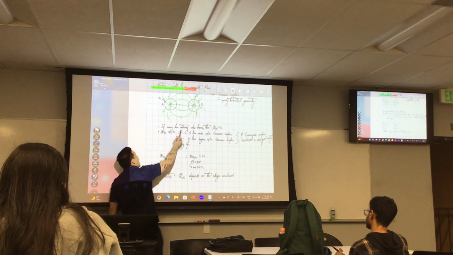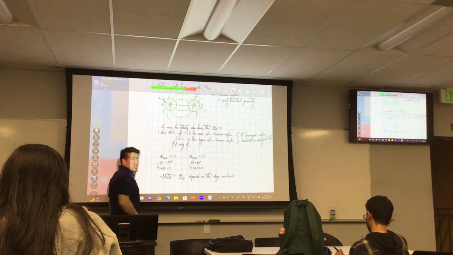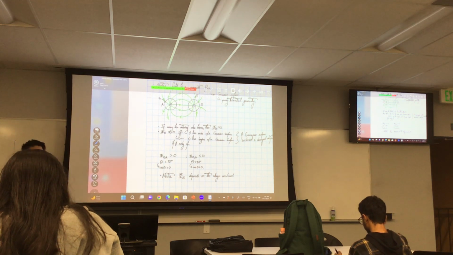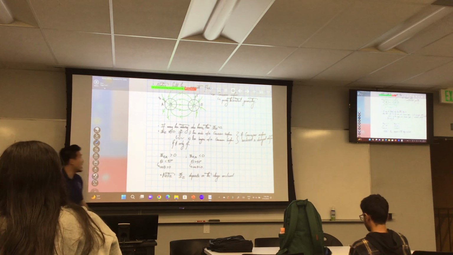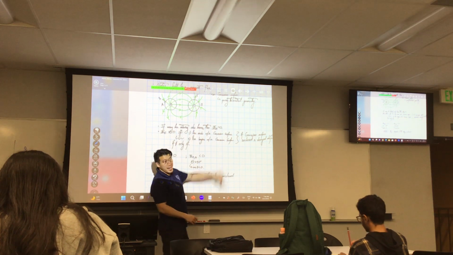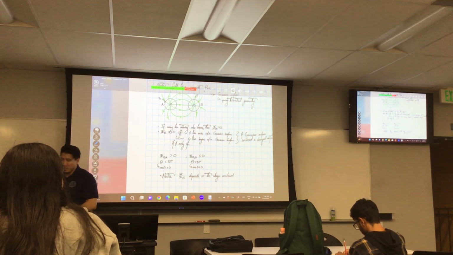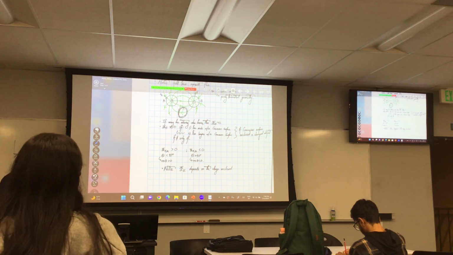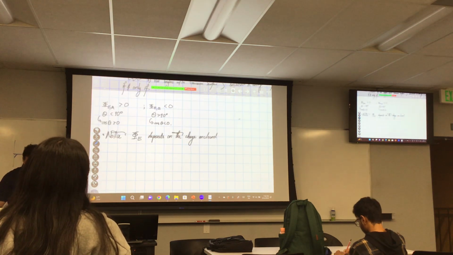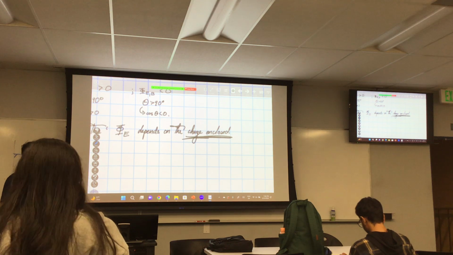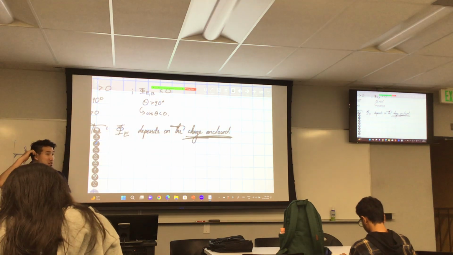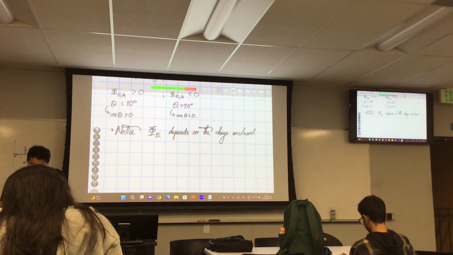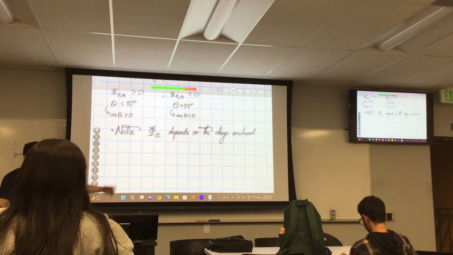Here, on our surface A, the Gaussian surface enclosed a positive charge, therefore there was a positive flux. B enclosed a negative charge, so there was a negative flux. And like I was saying, if you just enclose nothing, your flux is 0. And so the charge enclosed does determine what your flux is going to be. So this is a qualitative observation.